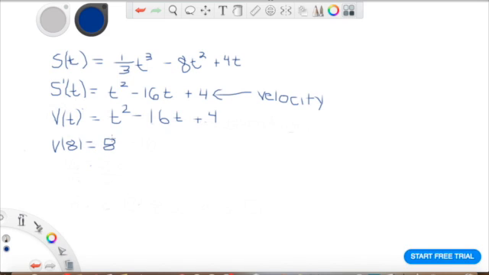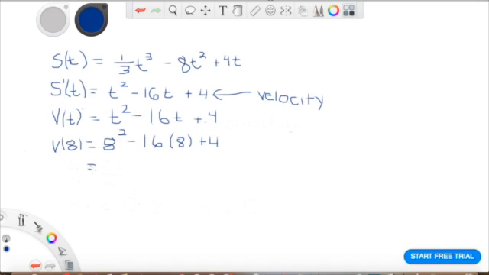So that is 8 to the power of 2 minus 16 times 8 plus 4.